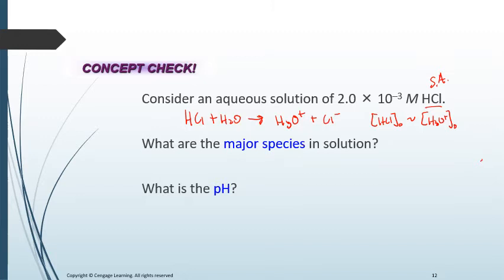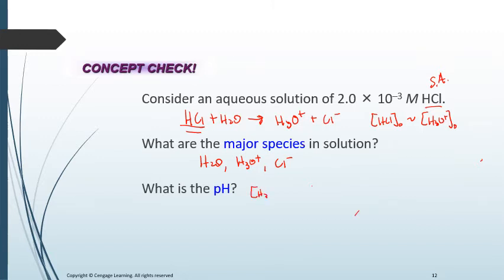So my major species in the solution would be the H2O, the H3O plus, and the Cl minus. Again, I leave off the HCl because it's going to completely dissociate, and so there will be very little to none left in the solution.